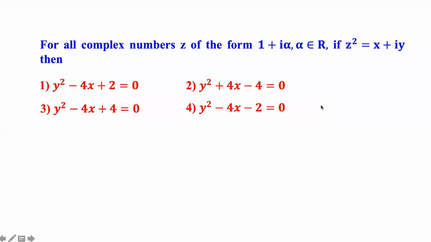For the complex number z of the form 1 plus i alpha, z square is x plus iy, right? It is given, then we have to find which one will be the correct option for this, right? Correct option for this means we have to see how this complex number will satisfy the equation in x and y, right?